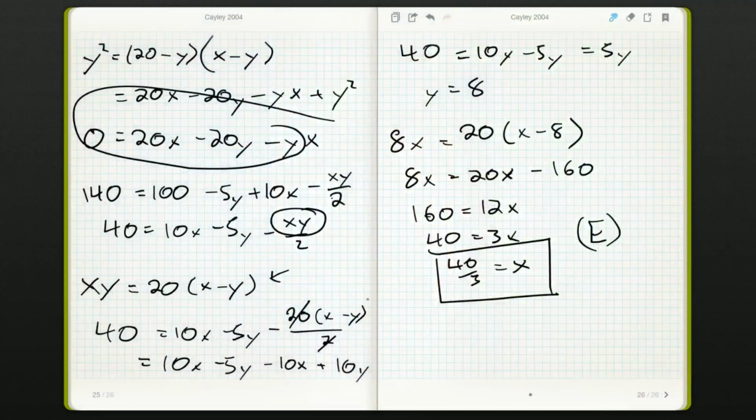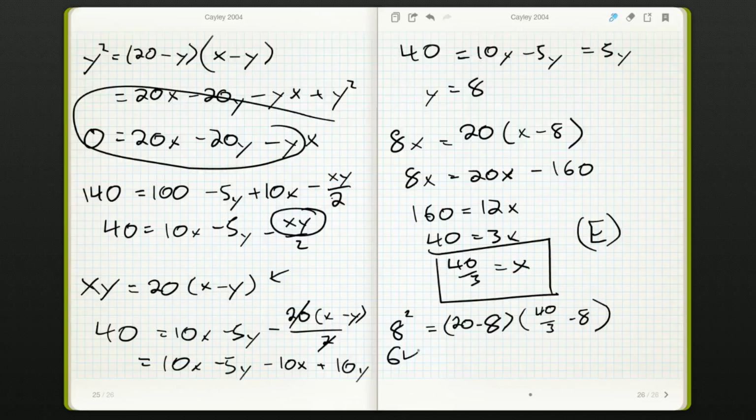I'm going to take the y squared, so 8 squared, that's 64, is 20 minus y, and then x minus y, so that's 20 minus 8, and we'll have 40 over 3 minus 8.